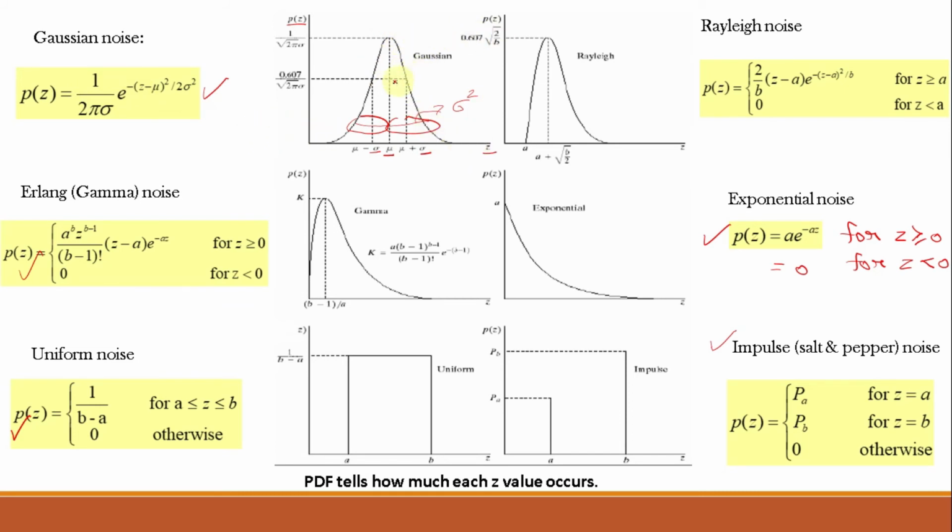For the Gaussian distribution, 70% of the values are between mu minus sigma and mu plus sigma, and 90% of values come between mu minus 2 sigma and mu plus 2 sigma. So this gives you 90% of the values of this distribution, and only 10% is here and here. Similarly, you can get the distribution for different noise models.